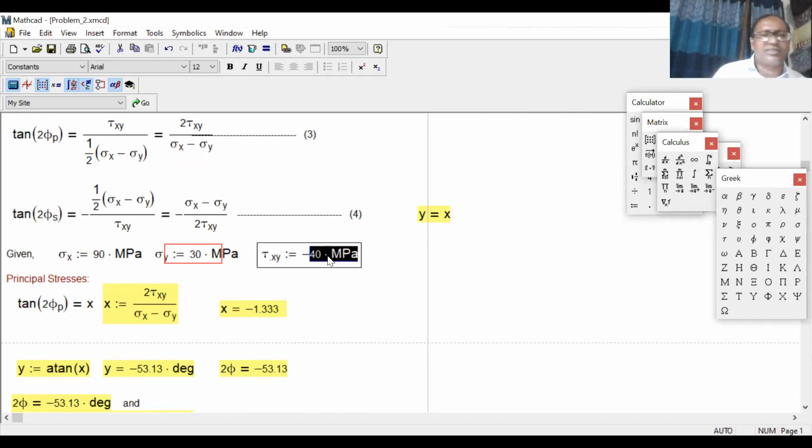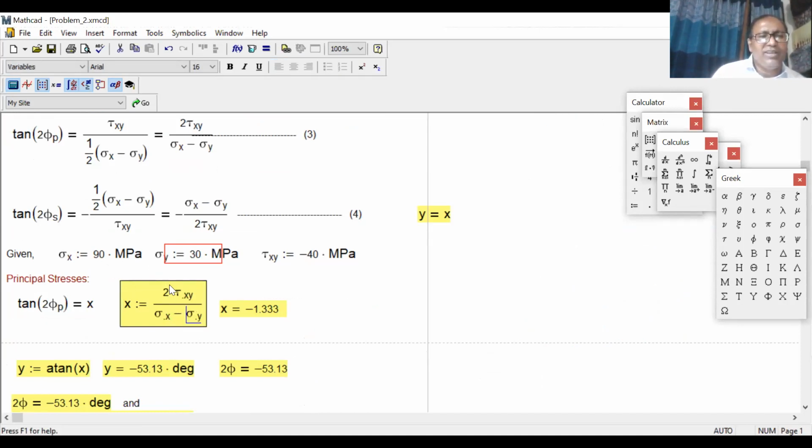Then we figure out the shear stress. So for principal stress, tan 2 phi p equals, this is the formula. Actually, in that formula, I am not able to figure it out directly. So what I did, tan 2 phi p will be equal to this one, so I just made it into 2 steps.